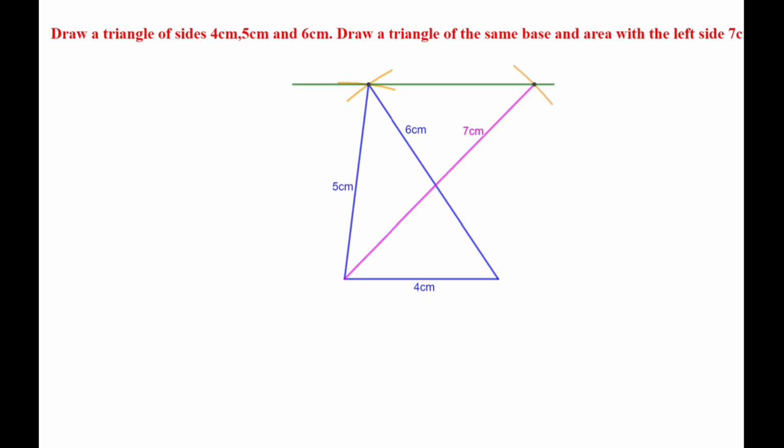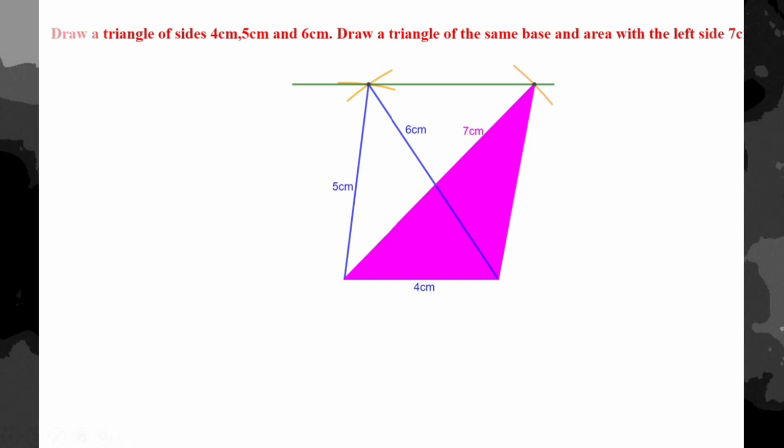Now join the point of intersection to the other end. So we got a triangle now. The left side is 7 cm and it has the same base and area as the given triangle because the third vertices are on a line parallel to the base.